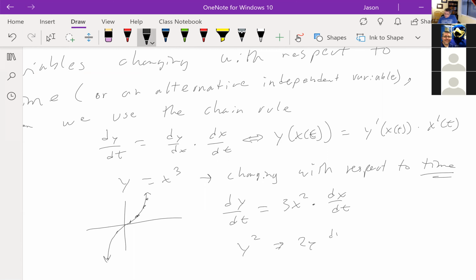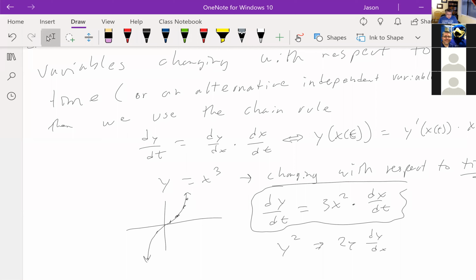Because that's dy dx. That's the implicit differentiation with respect to x. So that's the idea here. We get things that look like this when we introduce a third variable, or an independent variable, that everything is changing with respect to. Clear as mud, right?